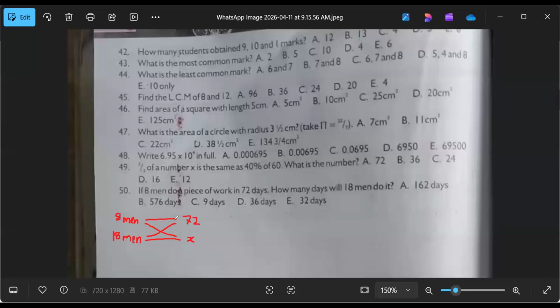Okay, what do we do next? We do 8 over 18 equals x over 72. Correct. Then we will now cross multiply.